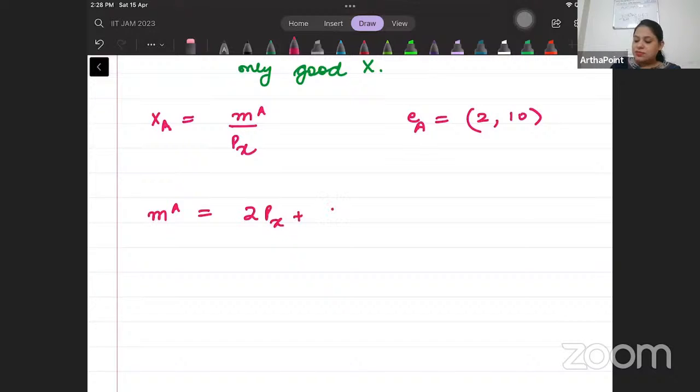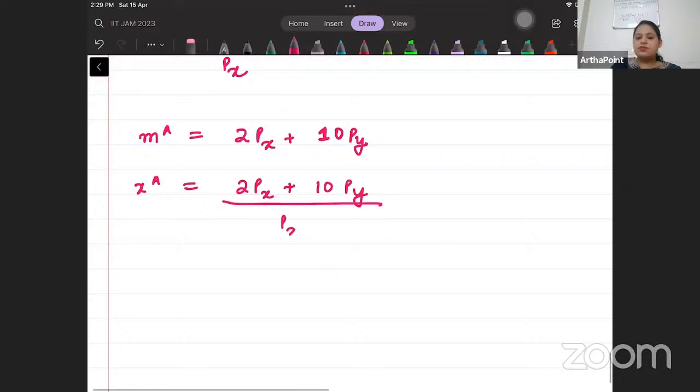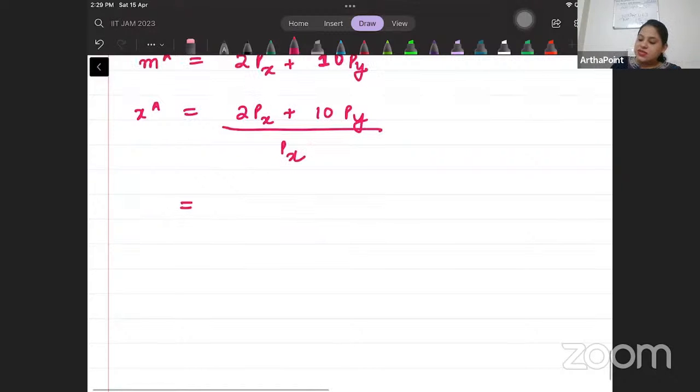This is his income. He's consuming only good X, so XA will be 2 PX plus 10 PY upon PX. So this is going to be 2 plus 5 PY by PX.